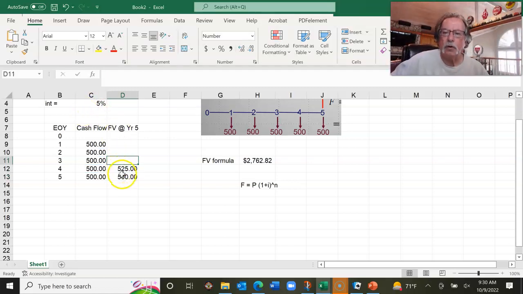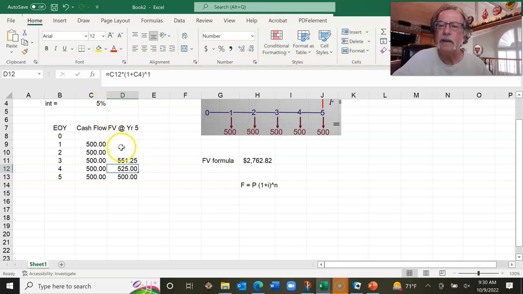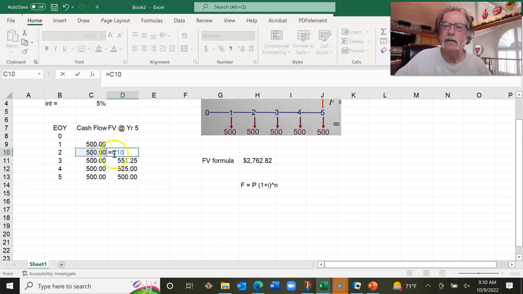We're taking it forward 1 period, from the end of period 4 to the end of period 5. That's this one here. This one here, end of period 3, is to the 2. The exponent is going to be, this is to the third.